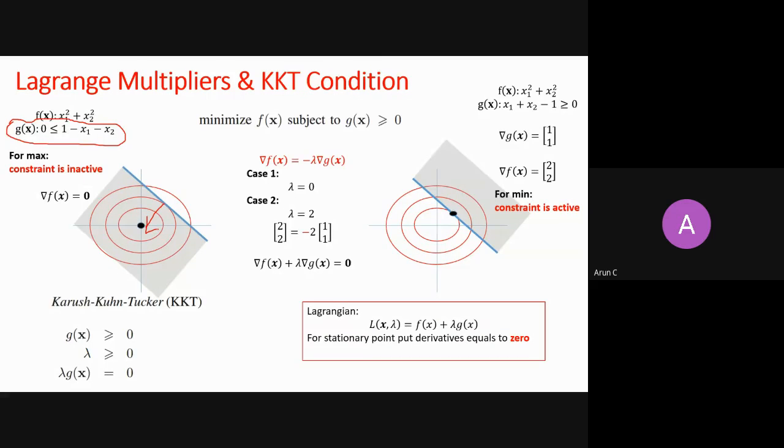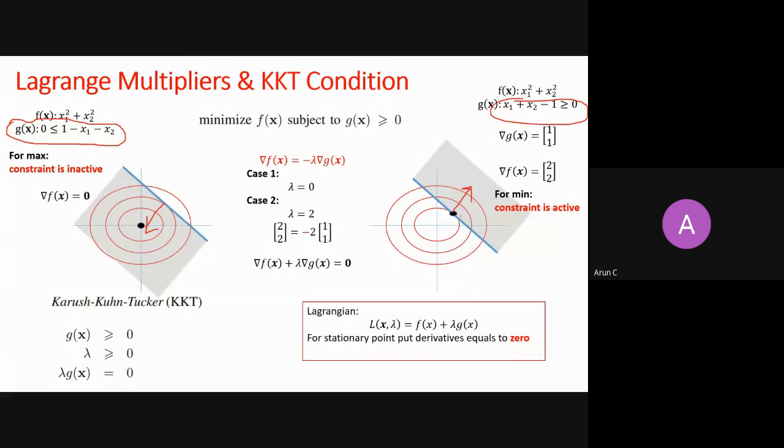The vector for g(x) is -1 -1, and the active region is pointed by the direction of the gradient of g(x). Similarly here, if g(x) is greater than 0 and you take the gradient, then it is 1 1, and it is pointing into the direction of the active region, right?